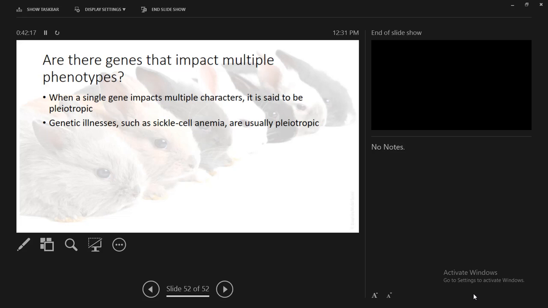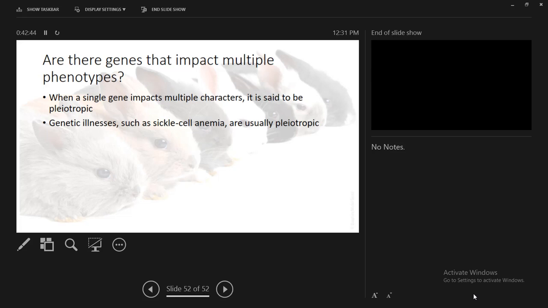So we've got human height, multiple genes, single phenotype, and pleiotropy, single gene, multiple phenotypes impacted. Your monogenic genetic illnesses, meaning genetic illnesses caused by a single gene, most of those are going to be pleiotropic.